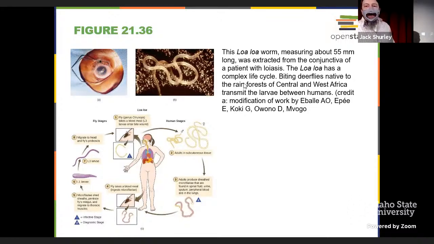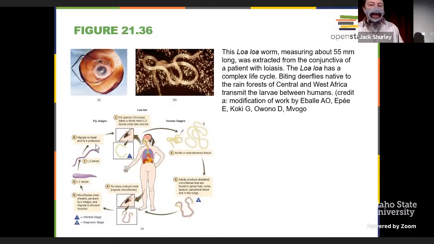So with this next one, Loa loa, common name for this is the eye worm. Loa loa is transmitted by the bite of deer flies. Here we can see a fly. And these flies in turn inoculate. These guys are roundworms or nematodes.